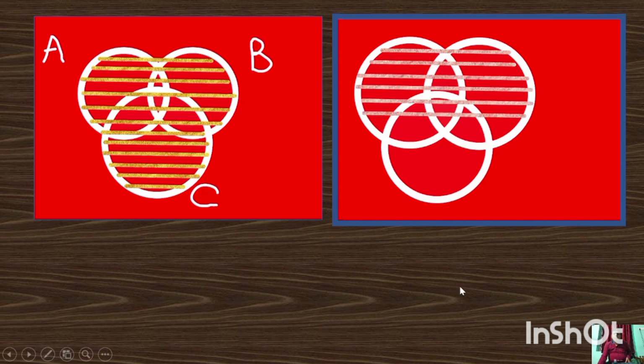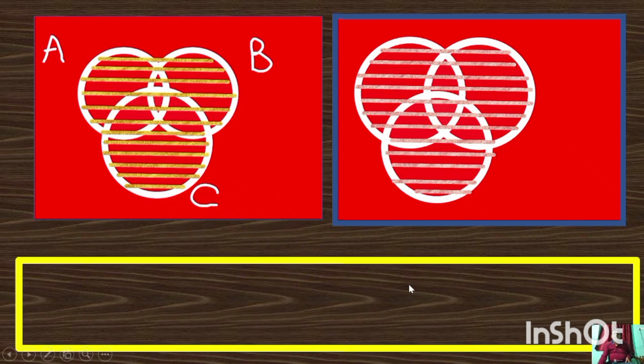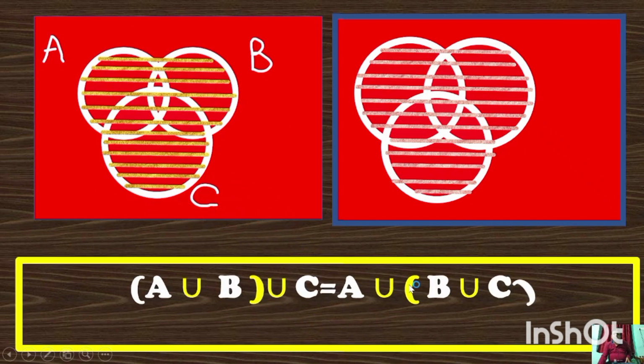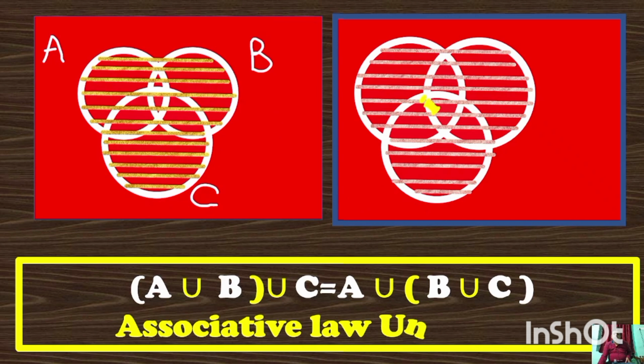So you can clearly understand the concept of the associative property, how we can explain it with the help of the Venn diagram, and thus the set union obeys the associative law. Understand? Is it clear?